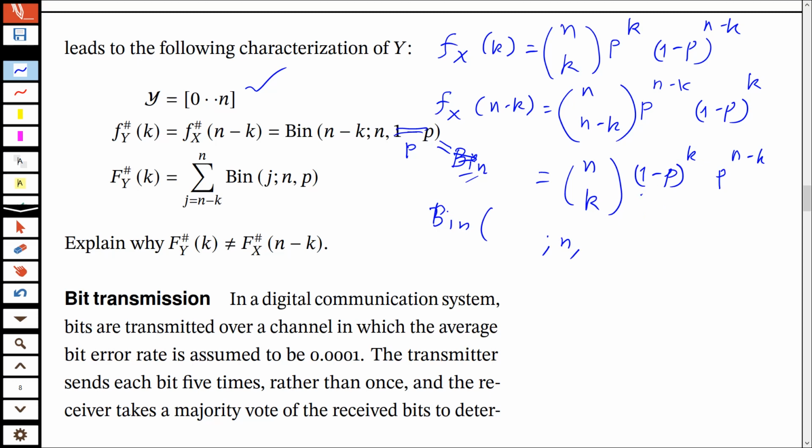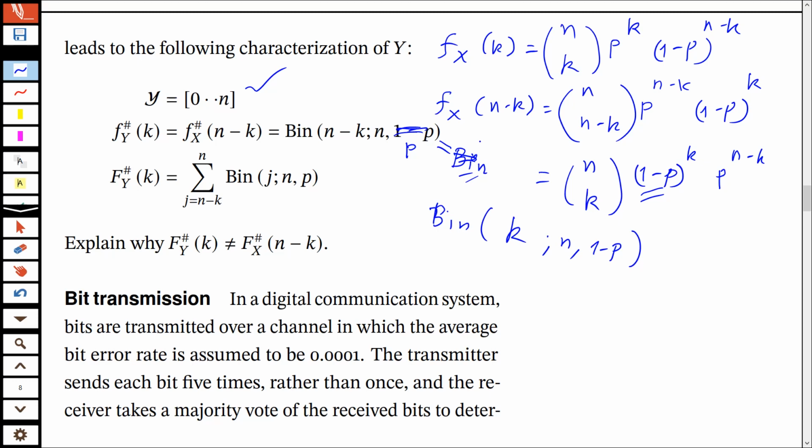But if I take this as my probability of success, it would be 1 minus p. Yeah, so if I swap success with failure, then this will be k. So if I want to write k here, then I can write 1 minus p. Yeah, so I think you're following. I hope you're following with me.